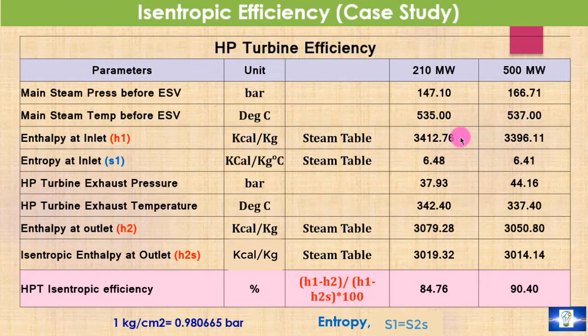Now coming to the case studies, here I have prepared the case study for 210 megawatt and 500 megawatt running units, and the parameters used here are like the actual parameters for 210 megawatt and 500 megawatt, and these parameters are used for educational purposes only.